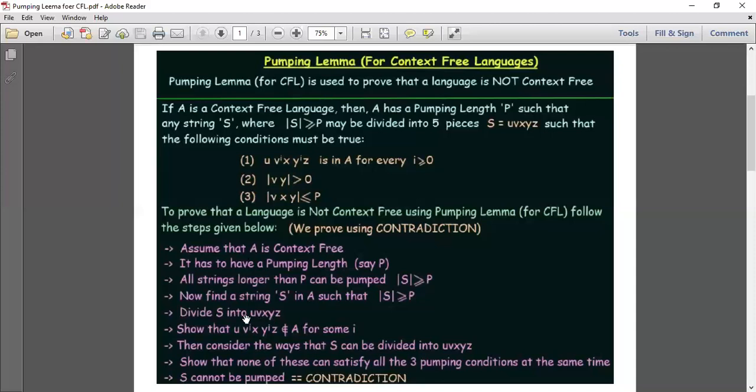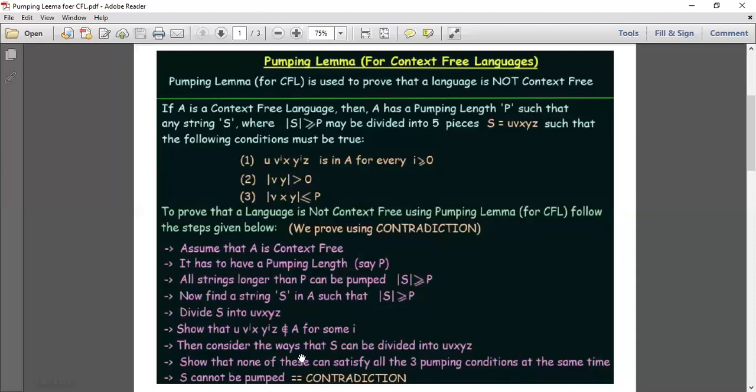Next, we divide s into u, v, x, y, z, and we choose an i value and put the i value in condition one, and we check whether the derived string is equal to the given language or not. The basic theme is that this condition is never satisfied for the given language.